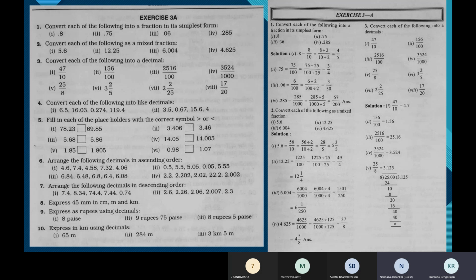Have you done your homework? Okay. So when you divide 1225 by 5, you get 245, and then 100 by 5, you get 20. 245 by 20. When you further divide by 5, you will get 49 by 4. And since it's an improper fraction, we leave it as a mixed fraction like this.